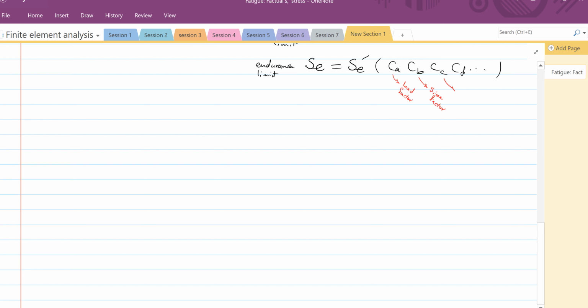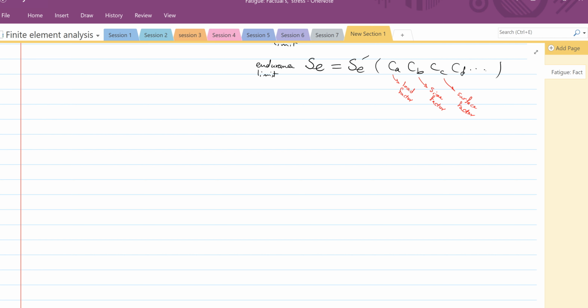The next one is the surface factor. If your surface is very rough, full of cracks, you are going to have an even smaller endurance limit. So we have some tables. If your surface is prepared so the cracks are at a minimum, you may have close to 1.